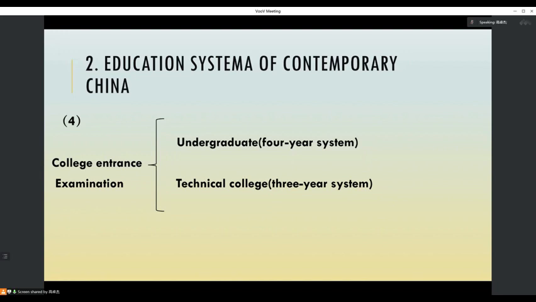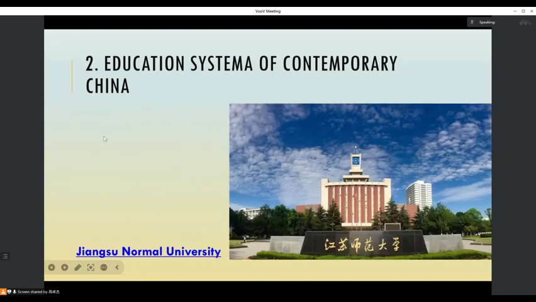They can get into our school with a lower score than other people. This is a policy. This is Jiangsu Normal University. From this picture, it is very beautiful.